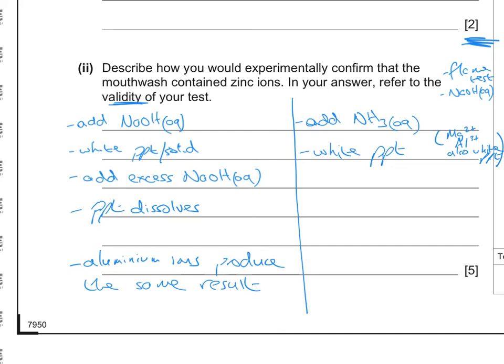So at the moment, the ammonia solution doesn't distinguish between these ions. However, if we add excess ammonia solution, the precipitate dissolves. If magnesium or aluminium ions were present, the precipitate would not dissolve. So when you use ammonia, the test is valid.